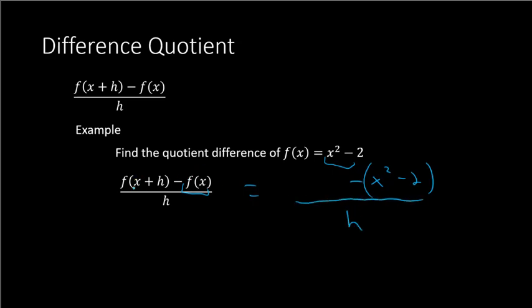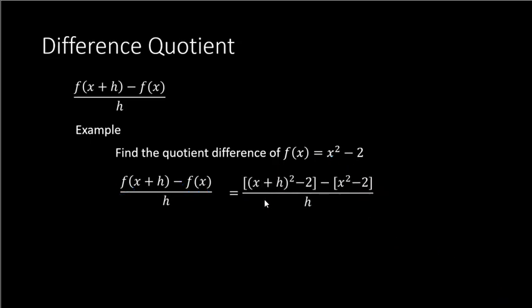The weird thing is going to be right here. This is usually the trickiest part. In place of x, we're plugging in x plus h. So instead of x squared, we have x plus h squared, and then minus 2. So this would be what we have. And now from here, we just want to simplify this expression.